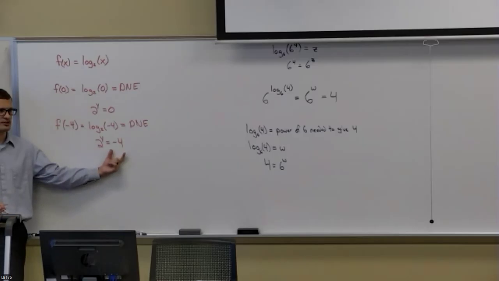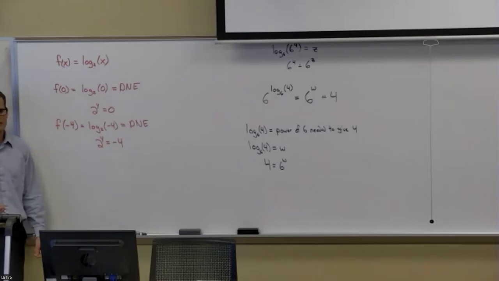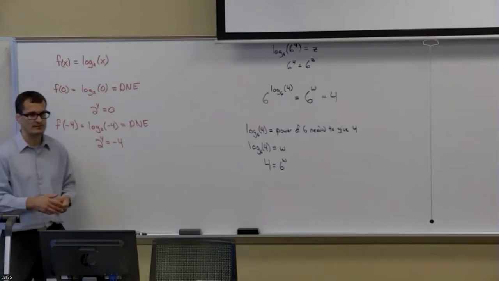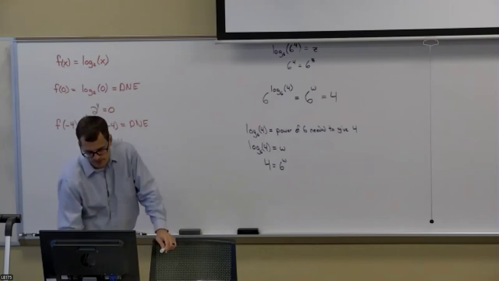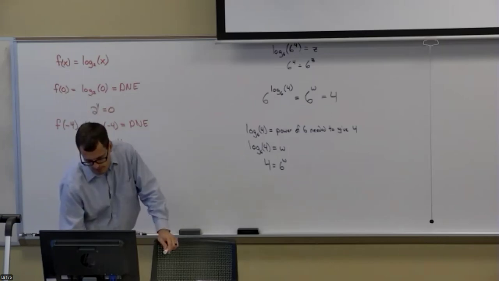So there's nothing that you can raise and get a negative 4. Okay, follow that? So the domain has to be all positive values because of the way logarithms are connected to exponents. And as long as our base is positive, our domain is going to be all positive numbers.